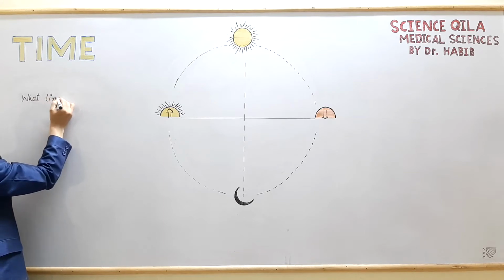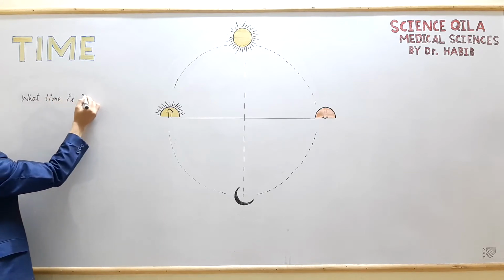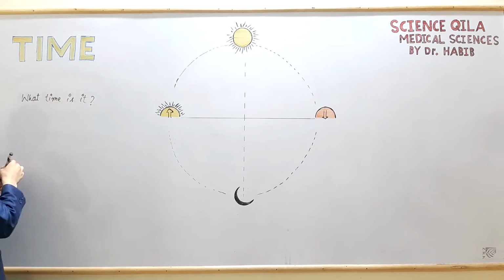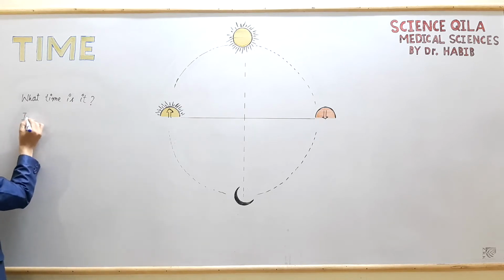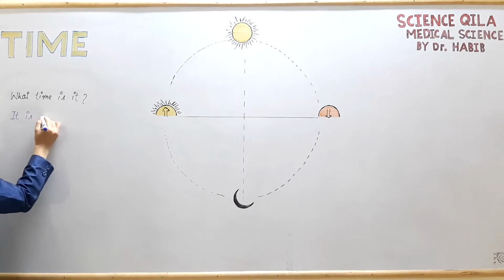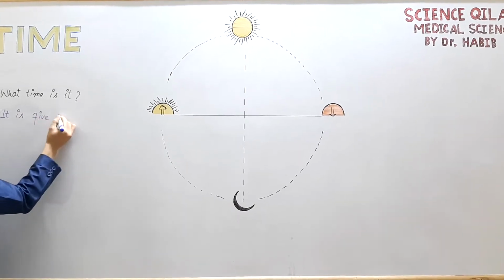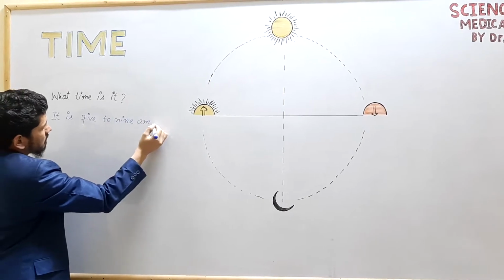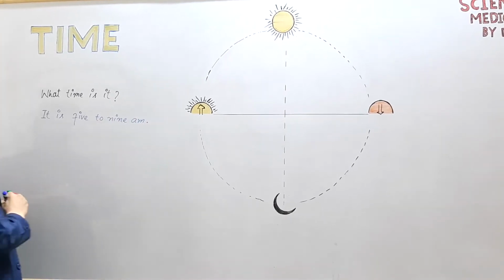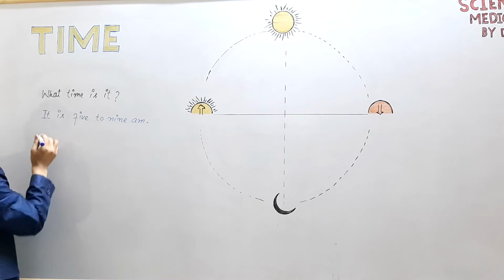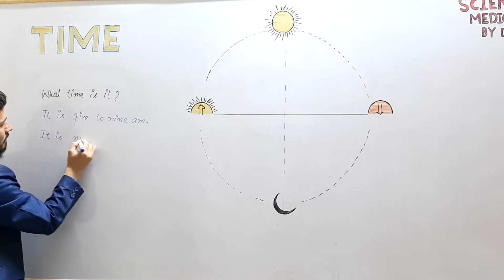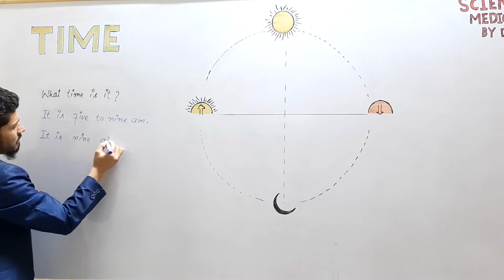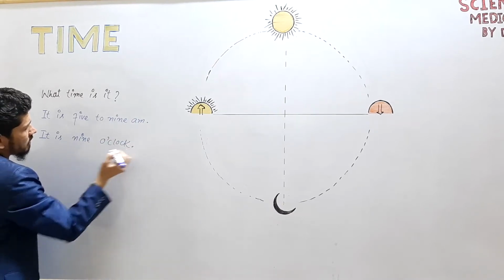What time is it? So my answer was, it is 5 to 9 a.m. And if I ask you the same question after 5 minutes, your answer will be, it is 9 o'clock.